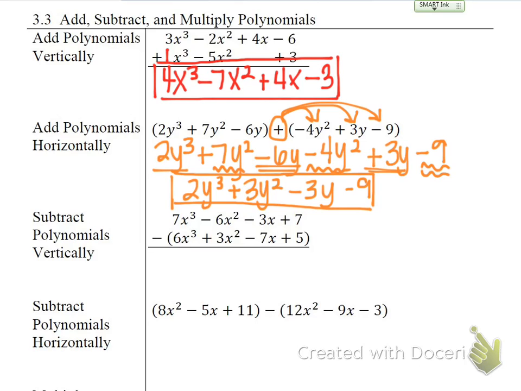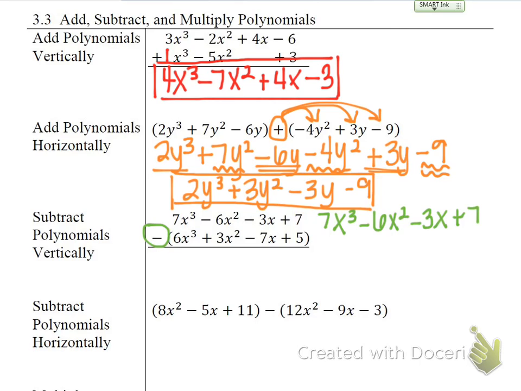First of all, what does subtracting do to the signs behind it? It changes them. So let's rewrite this, but now with everything changed to its opposite because of that subtraction. So that's going to give me 7x to the third minus 6x squared minus 3x plus 7.